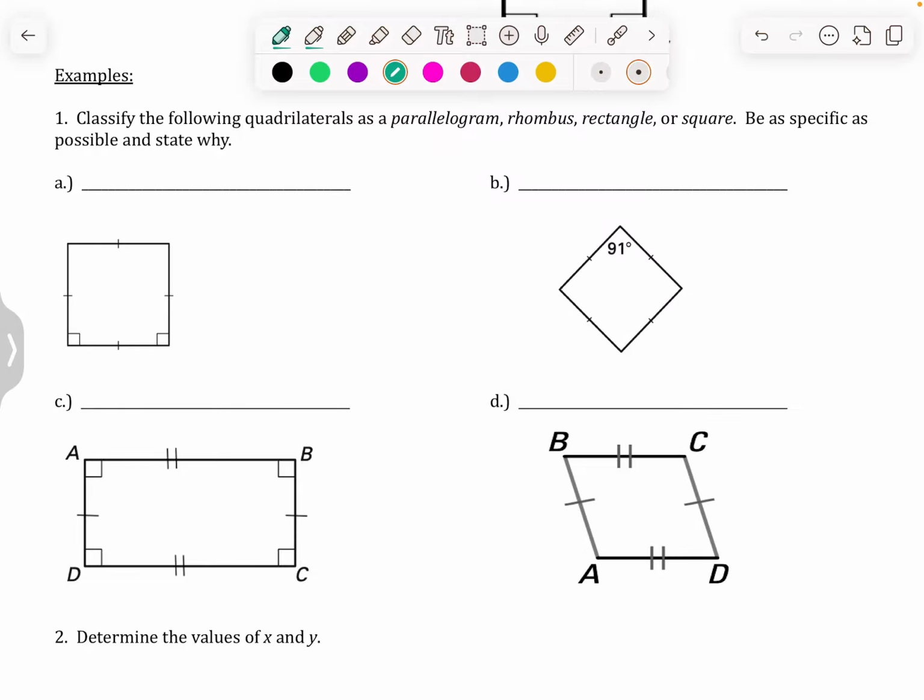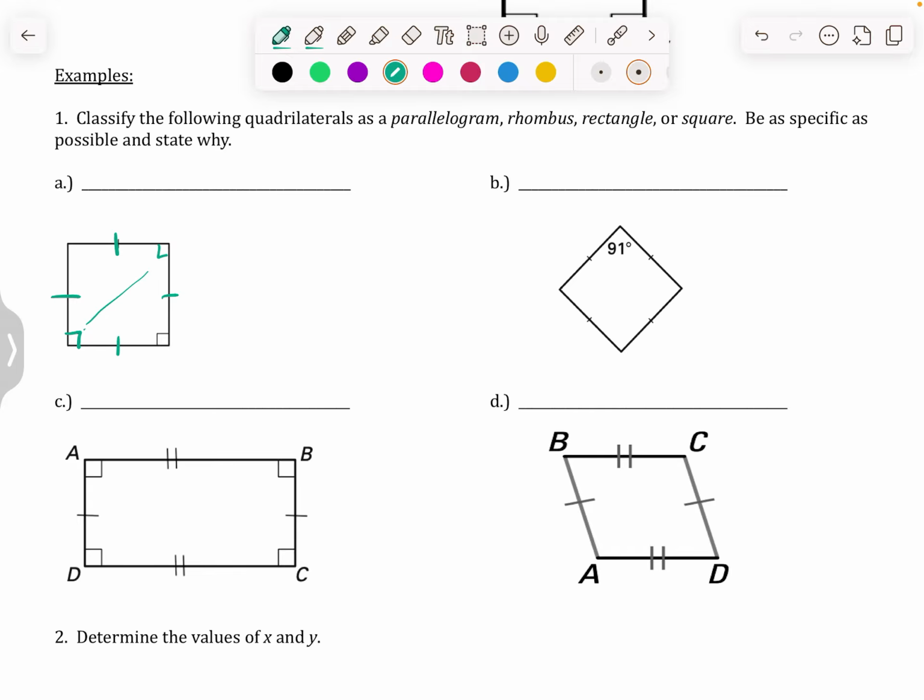So our first example here, we have a square because we have right angles and all four sides are congruent. In a parallelogram, we know that opposite sides are congruent or opposite angles are congruent. So if that angle here is 90, that means that this angle is 90.